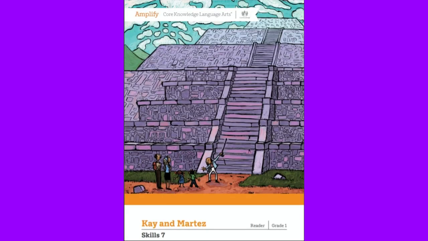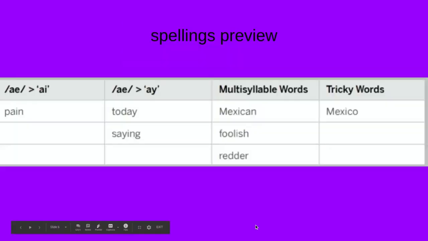Ready? We're on to our reader from Kay and Martez. Today we will read the story, The Red Dish. Let's preview our spellings. We have the A sound written A-I, pain. We have the A sound written A-Y, as in today, saying.